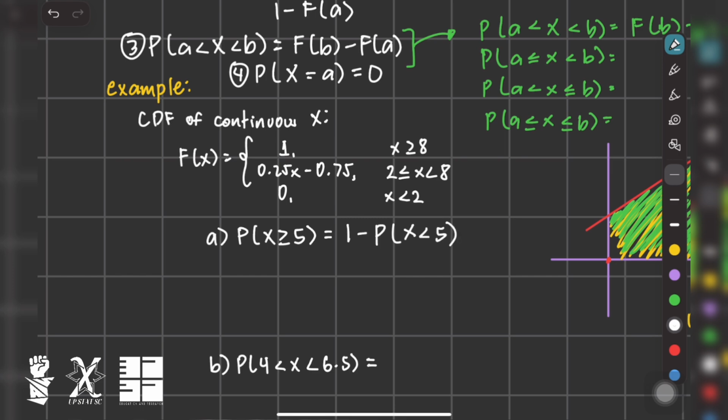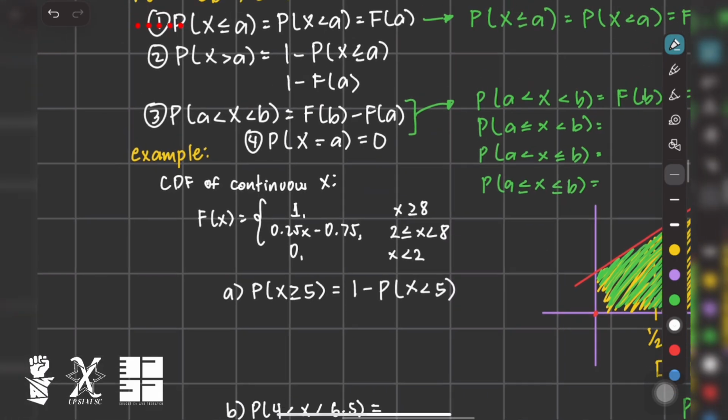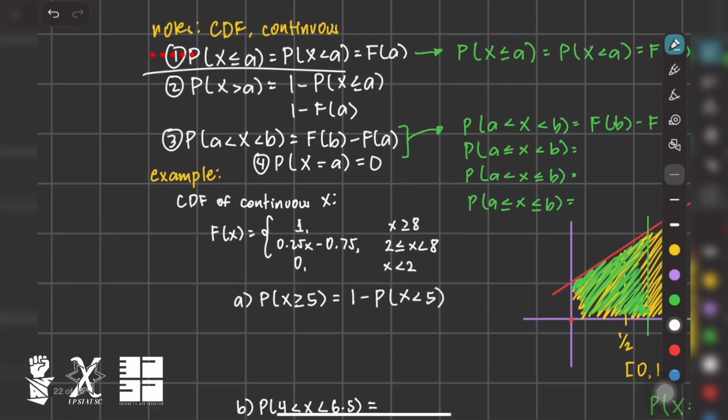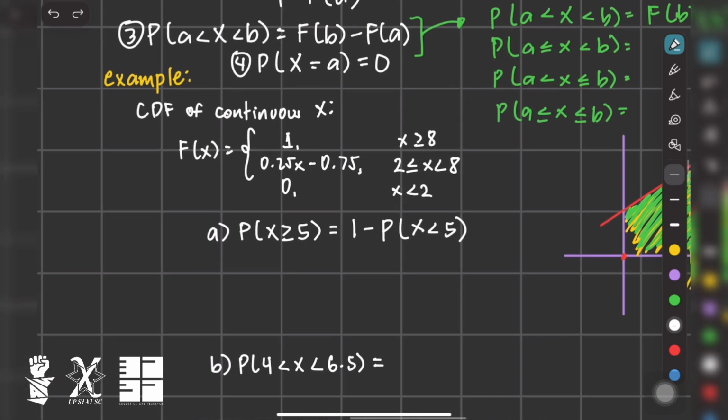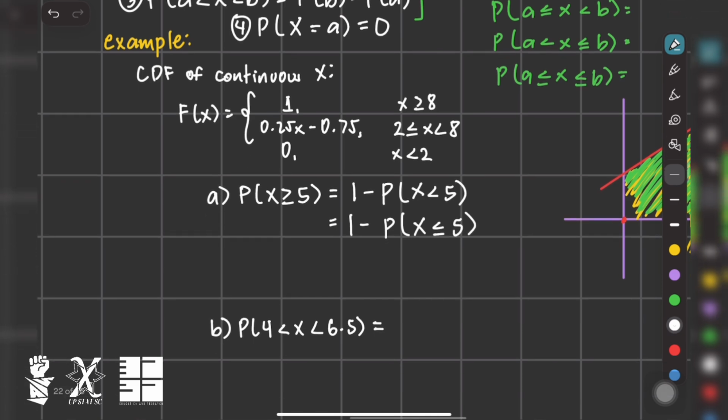Then we noted here from property 1 that the probability that x is less than a is also equal to the probability that x is less than or equal to a. So we can transform this into less than or equal to. So that's 1 minus the probability that your x is less than or equal to 5, and that's basically 1 minus F of 5, because we can now use your cumulative distribution function to evaluate the probability.